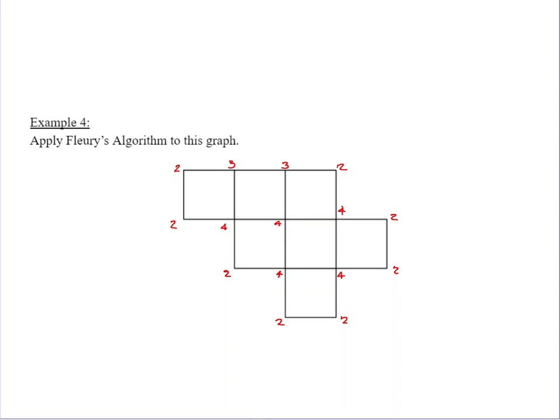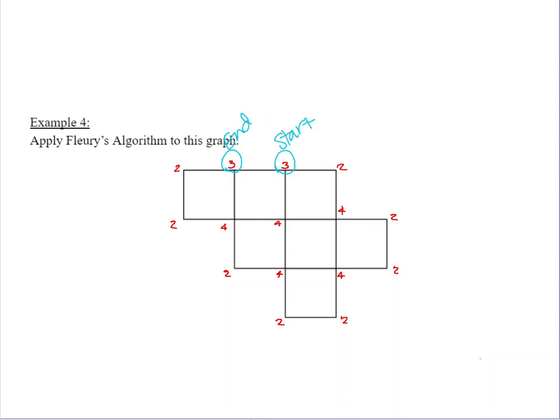Well, we do have two odd vertices, which means we have to start at one odd vertex and end at the other. I choose to start at this one and end at this one.